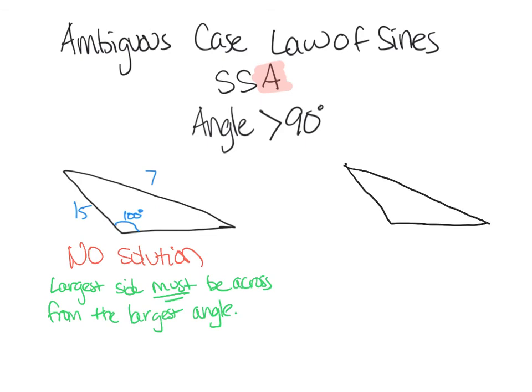Okay, so there's my triangle. We're going to make this the same one. It's 100 degrees. We just said we were going to switch those. So this will be 15 and this will be 7. So okay, my one angle is larger than 90 degrees. My largest side is now across from my largest angle. Okay, this works. This makes a triangle. This is going to be an example of a one solution.